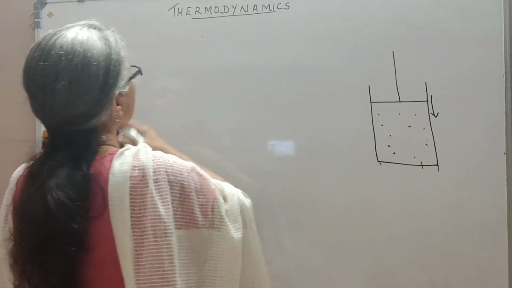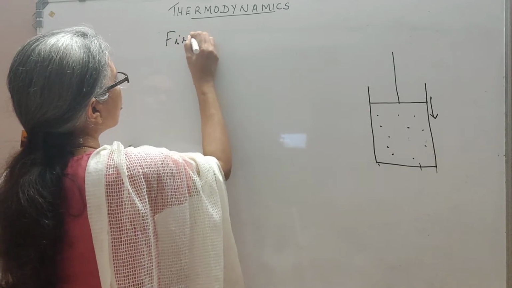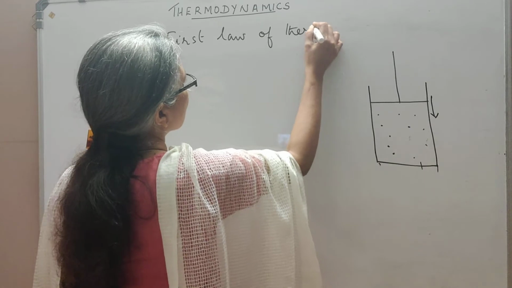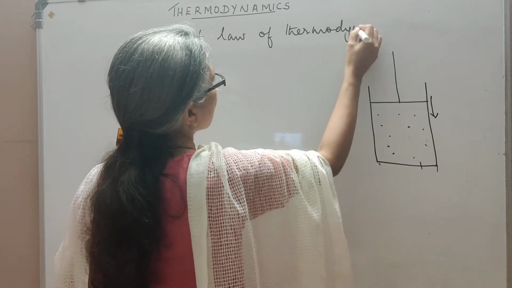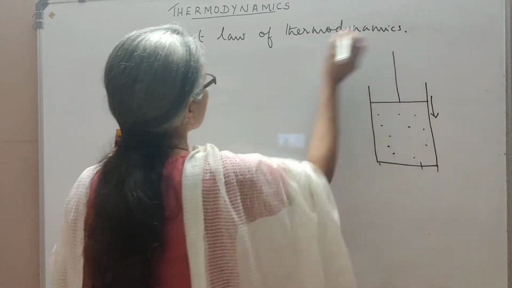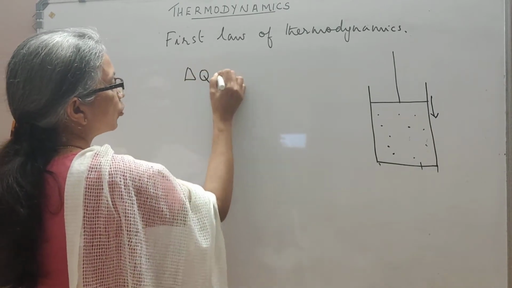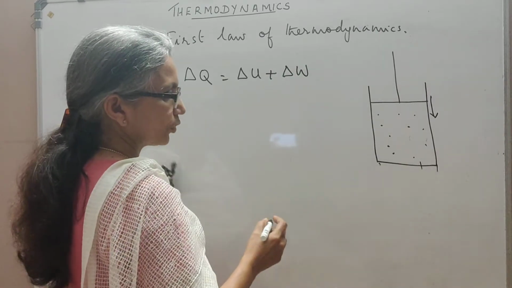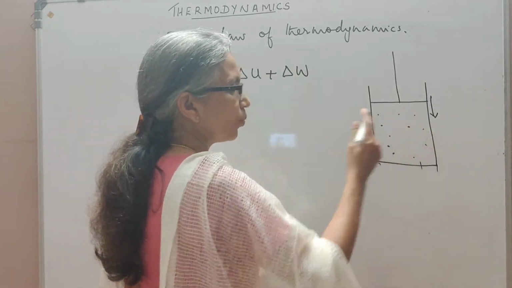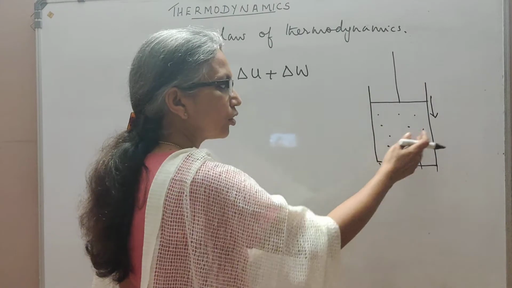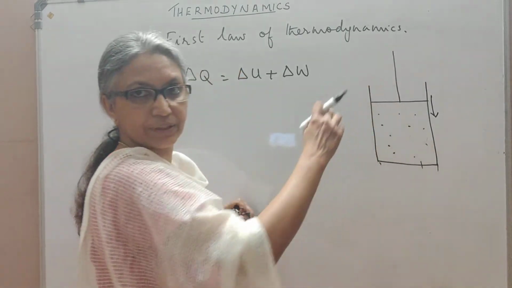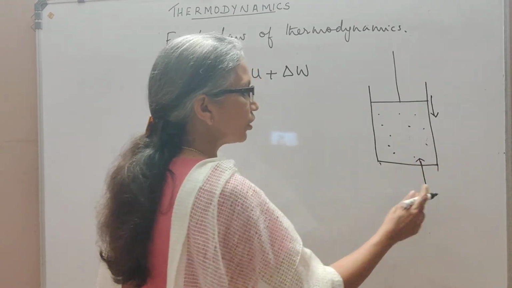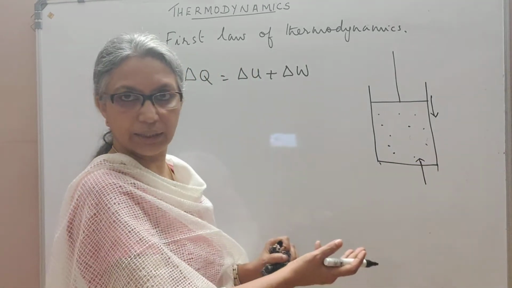From here we go on to the first law of thermodynamics, which can mathematically be expressed as delta Q equal to delta U plus delta W. If we go back to our system, which is a gas enclosed inside a cylinder with a movable piston, suppose this gas is brought in contact with a body at a higher temperature.